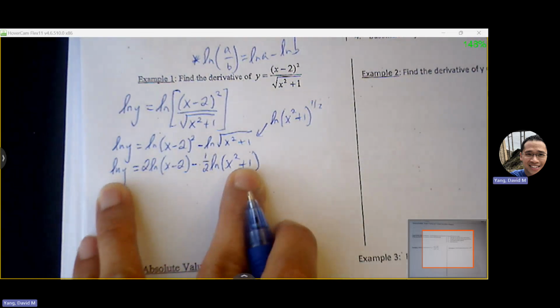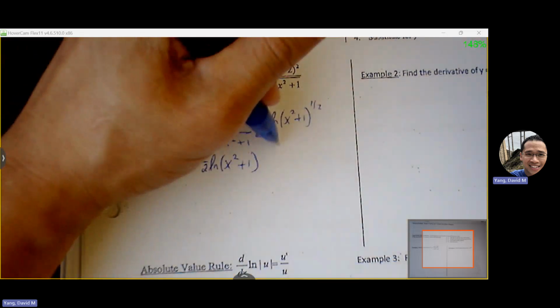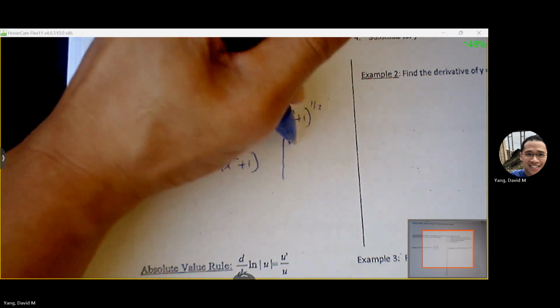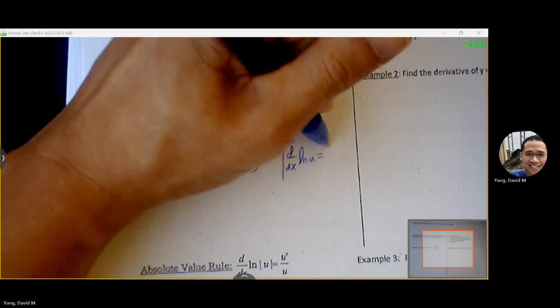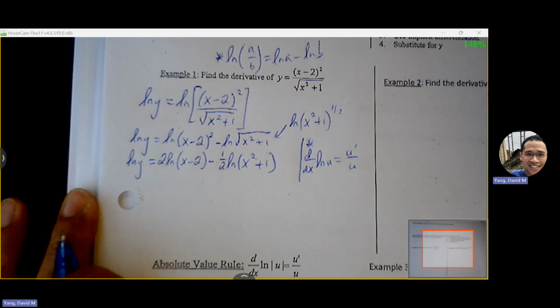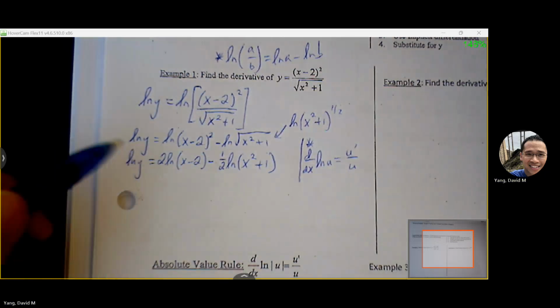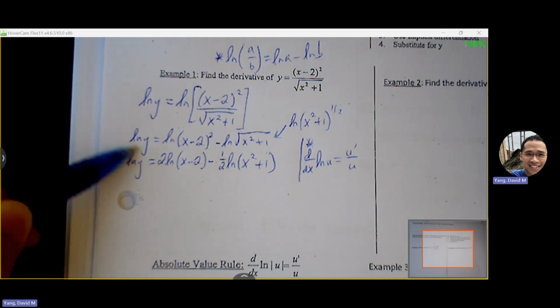Now that we have every term expanded nicely, we can apply our derivative rule, u prime over u, for each of the terms. So notice now that y is not by itself, it's inside that natural log.